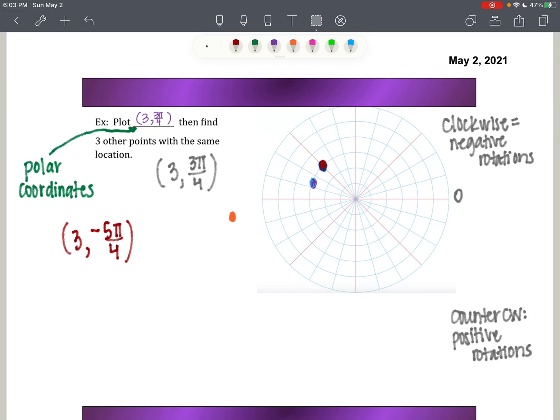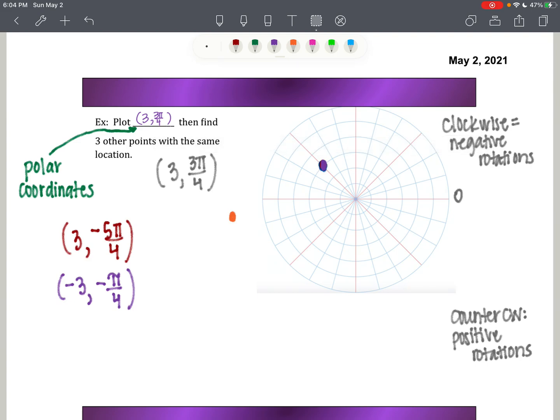So that point right there would be negative 3, and then a clockwise move, that's a negative, and then the amount would be π/4. So a negative directed distance would move to the left from the pole, 3 circles, and then a negative rotation means we're moving clockwise, and π/4, 1π/4.